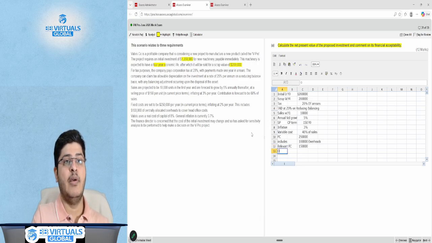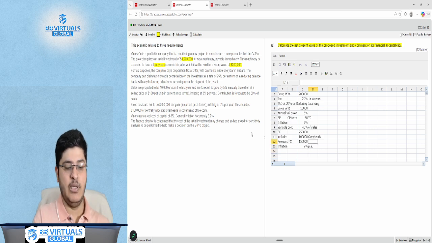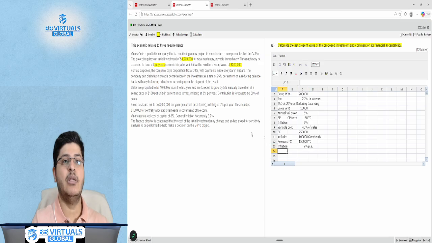Now what is the inflation? This is also in current terms. Inflation is 2% for fixed costs, 2% per annum. This 150,000 is the year 0 value, correct, because this is in current terms. Then Veloisco uses the real cost of capital. You have to use the Fisher equation, remember.